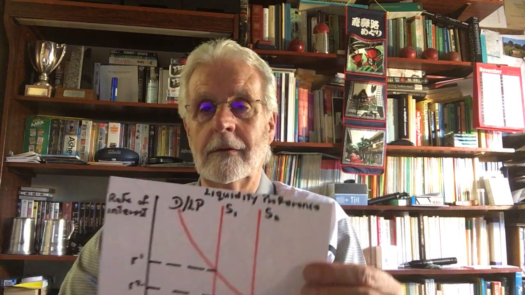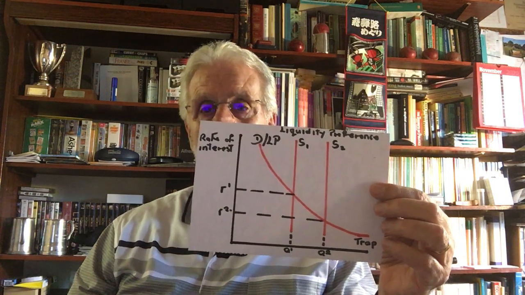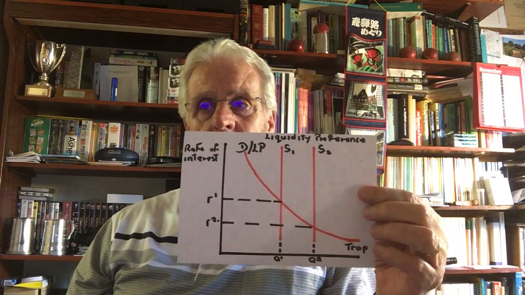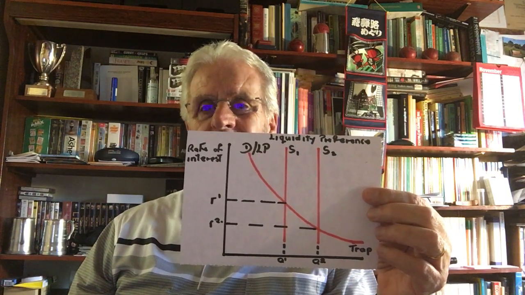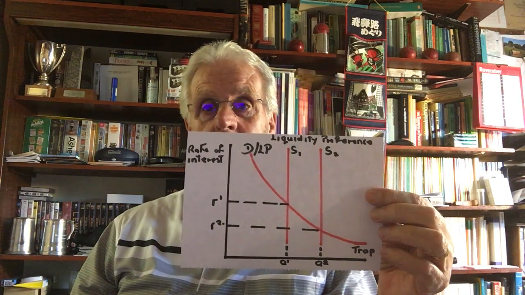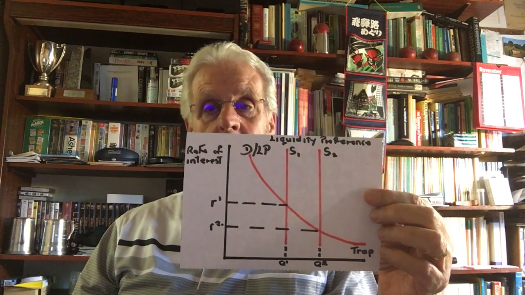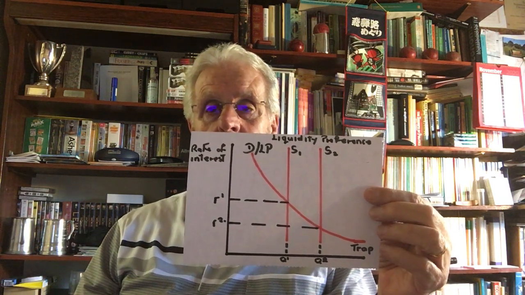John Maynard Keynes, of course, had his own theory of interest rate determination, which was called liquidity preference theory. Now remember, the last one was about loans, loanable funds, but this one is about the demand for money. We've already identified what the demand for money is, and we have the rate of interest again on the vertical axis and the quantity of money on the horizontal axis.